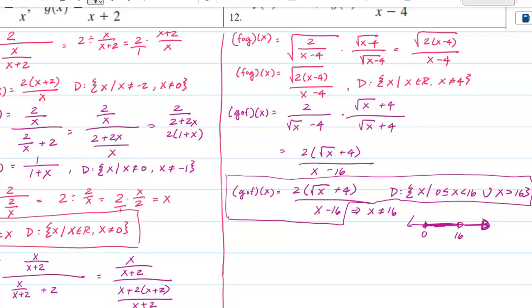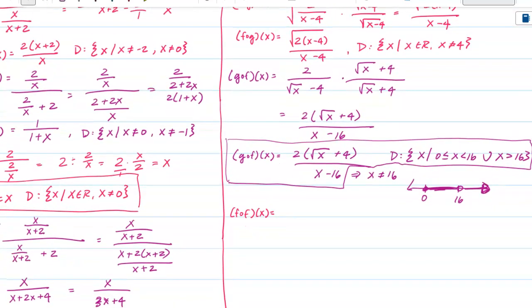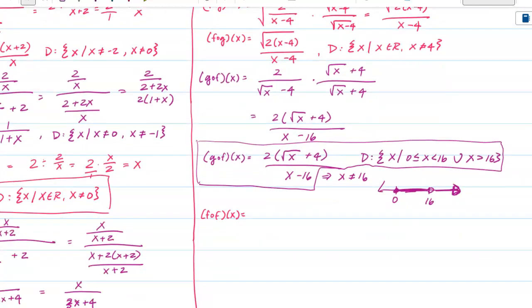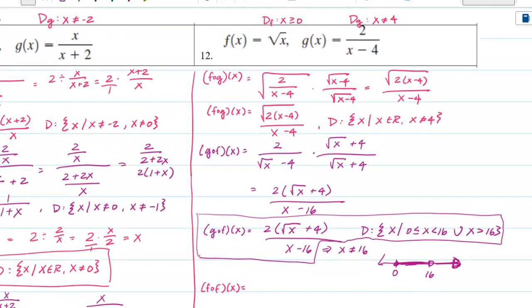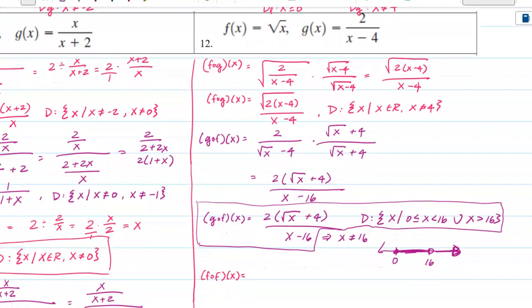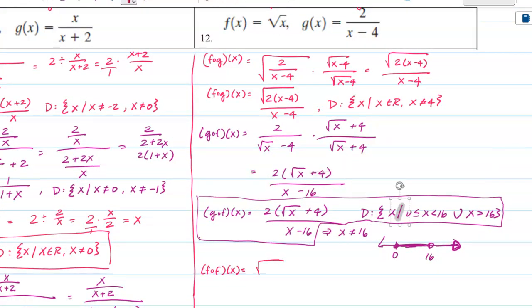Okay. Let's do f of g of x. Okay, g of f. That's going to be just a square root of a square root of x. I could rewrite this as x to the 1/2, which is x to the 1/4, or the 4th root of x.